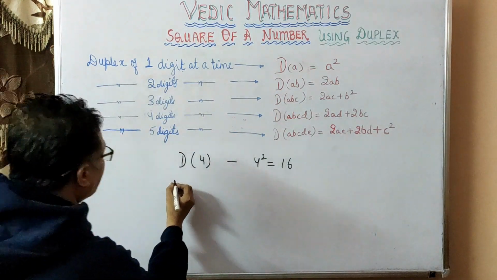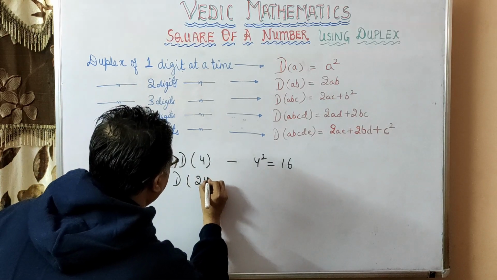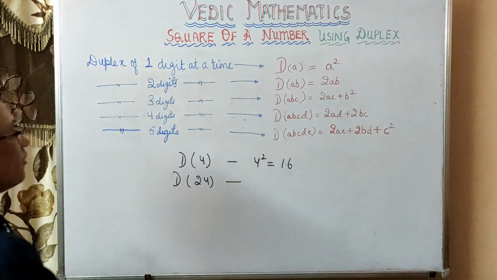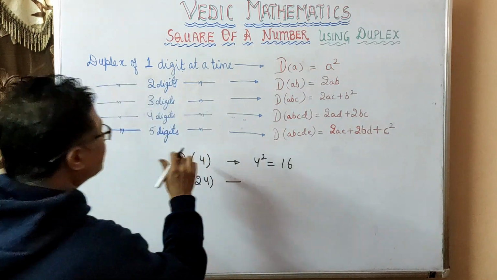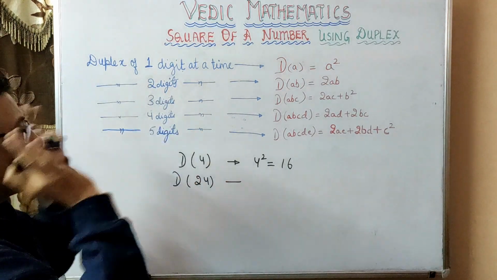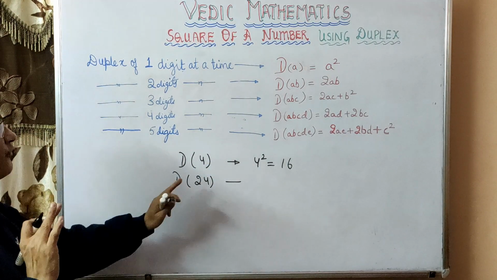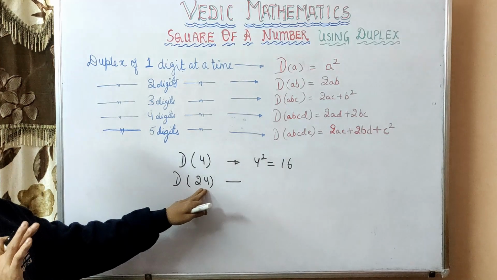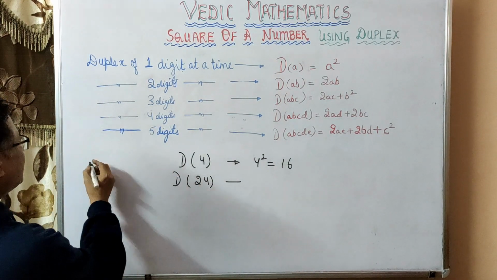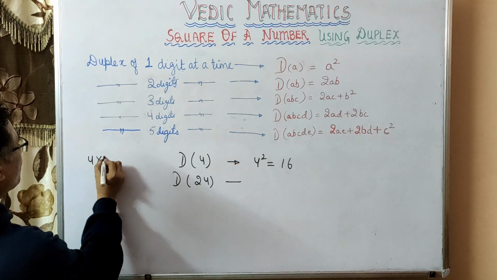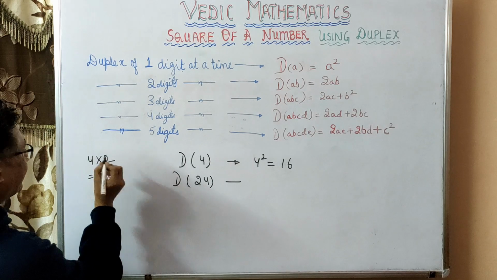Now, what is duplex of AB? Two digits at a time. If I have to calculate duplex of 24, what do we have to do? Whenever we have to find the duplex of a single number, just square it and you get your duplex. Whenever you have to find the duplex of two numbers at a time, cross multiply the numbers, means 4 multiplied by 2. 4 into 2 is 8.